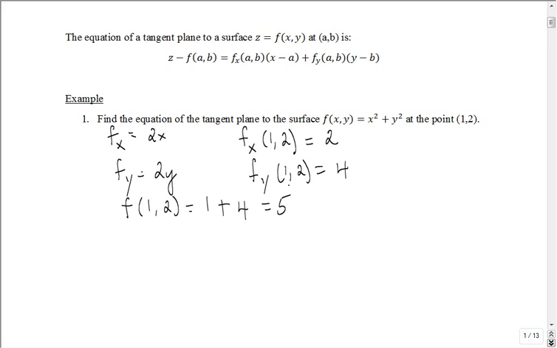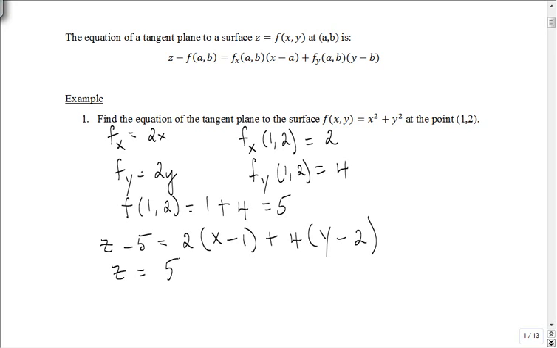Now put all that into the formula. Know that a and b are 1 and 2 respectively. So z minus 5 equals 2 times x minus 1 plus 4 times y minus 2. And you just simplify that. Z, and I'll bring the 5 over. 5 plus, distribute, 2x minus 2 plus 4y minus 8.